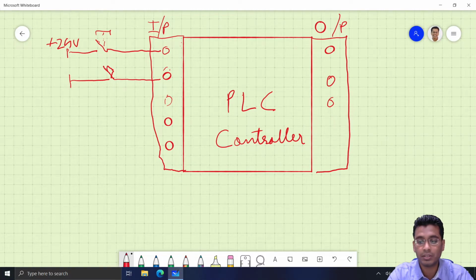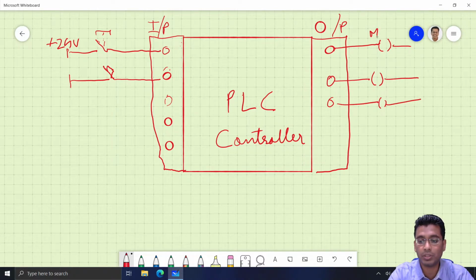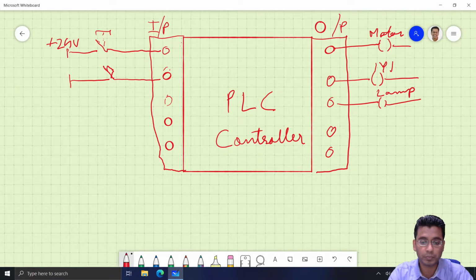Say in your case, this one can be one output element, this is your other output element, this is the third. In one case it can be a motor, this can be say solenoid valve 1Y1, and this can be say suppose a lamp. So you can have multiple outputs also getting connected.